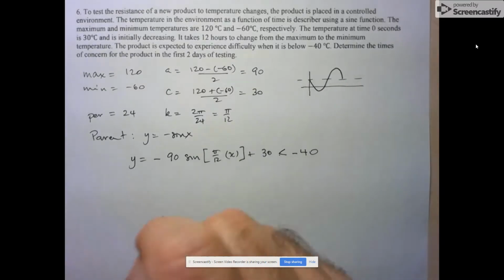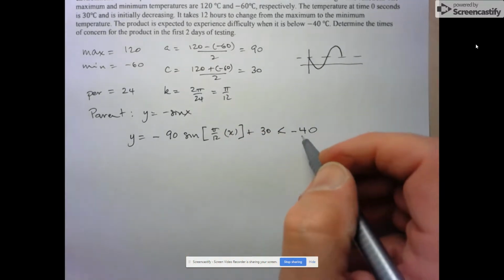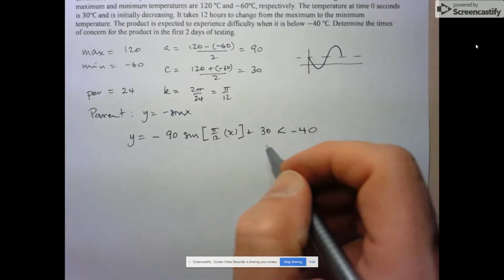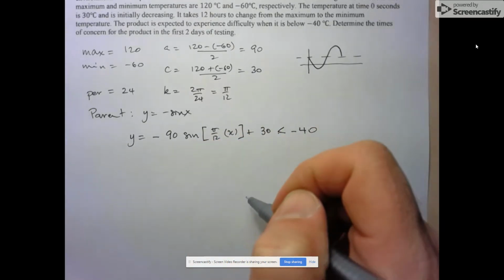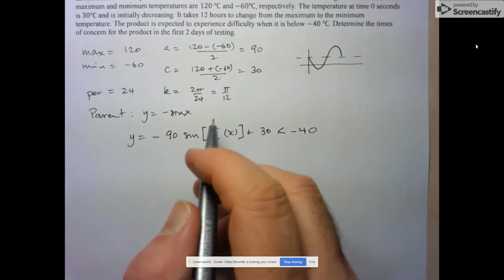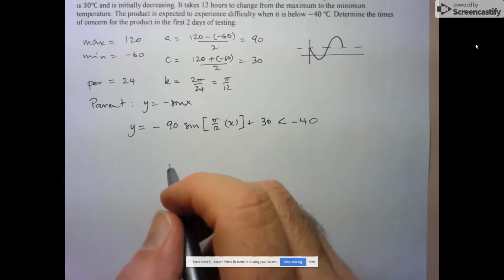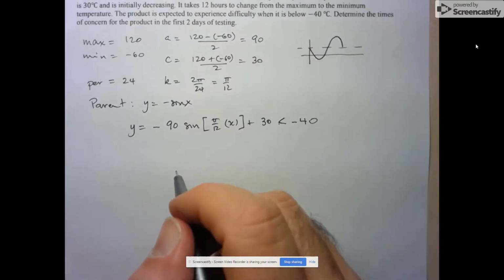Okay, but we're going to solve this inequality the way we solve most of our inequalities, which is to determine the X-intercepts of this equation here. So what we're going to do is solve for the X-intercepts, and then from there determine which intervals meet our conditions.